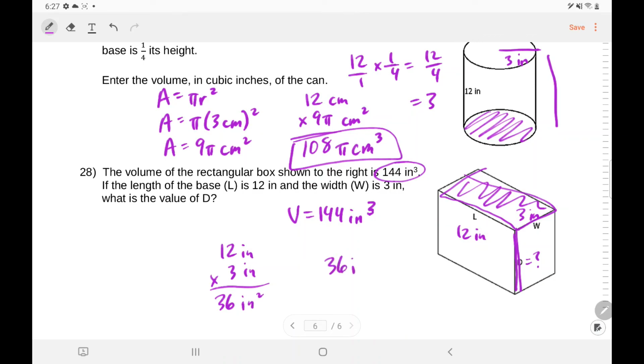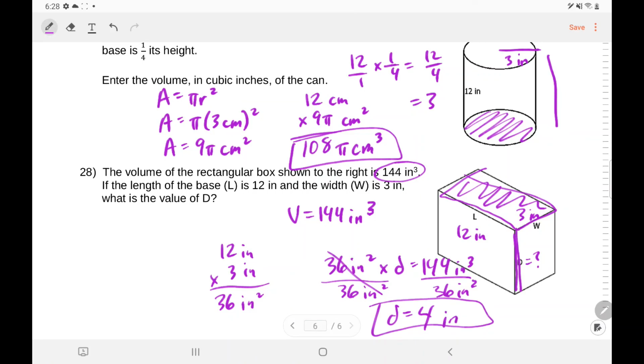And 36 inches squared times D will have to give us 144 inches cubed. So let's divide 36 inches squared on both sides. And we get D is equal to 144 divided by 36. 36 goes into 144 4 times. So D is 4 inches. That is the value of D.